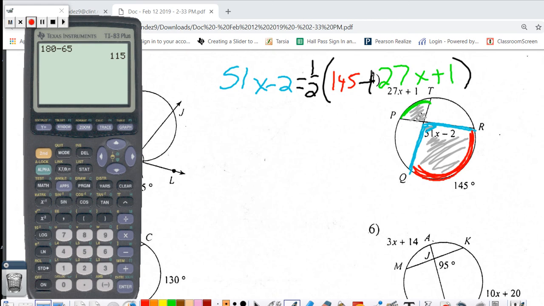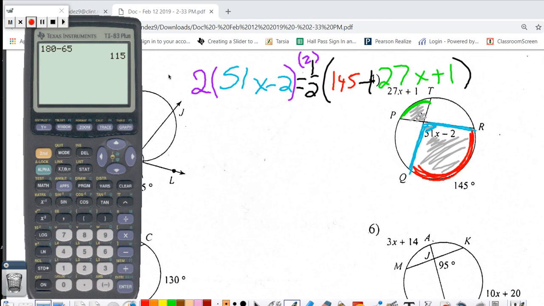Okay, so first things first, I want to get rid of the 1/2, so I'm going to multiply times 2. Now notice how I have more than one term. So I need to multiply everything on the left side by 2.